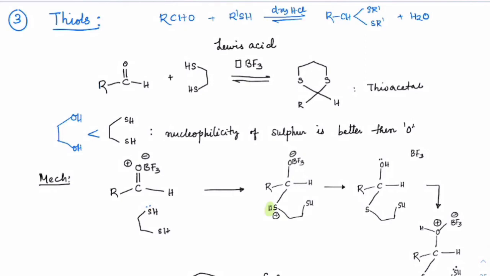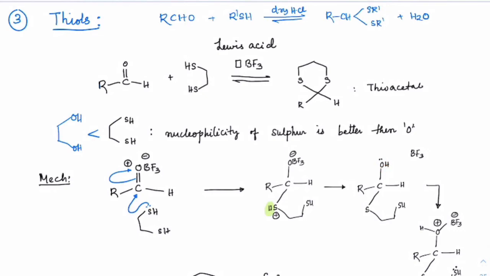Now you see, as oxygen gets associated with BF3, the lone pair from sulfur will attack on carbon. This pi will shift here. So we will get this form. This hydrogen will shift onto this oxygen, making this OH.